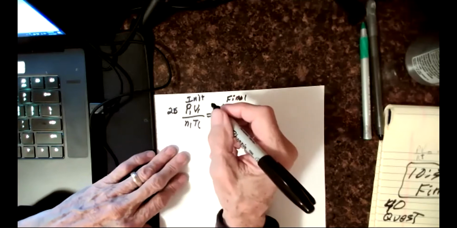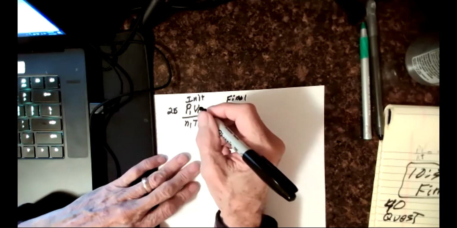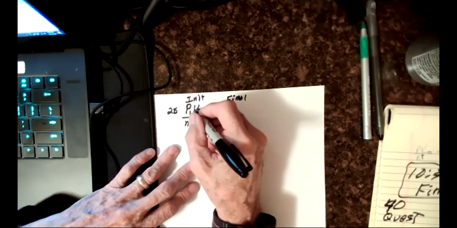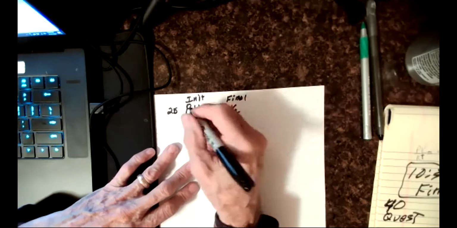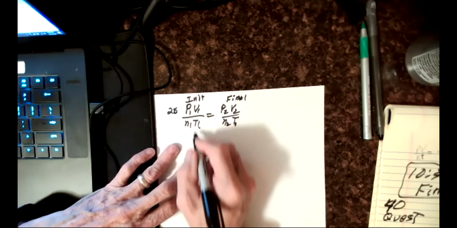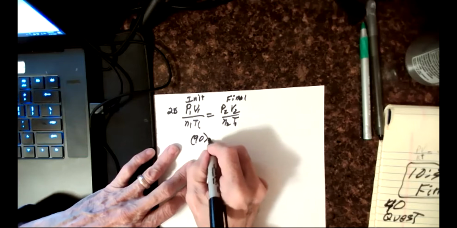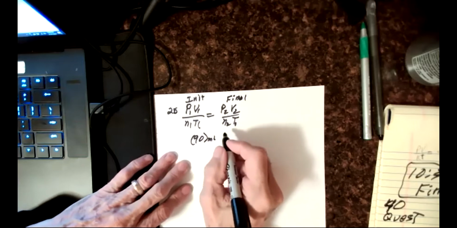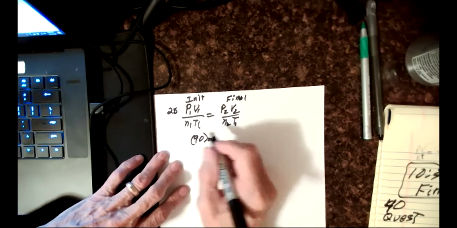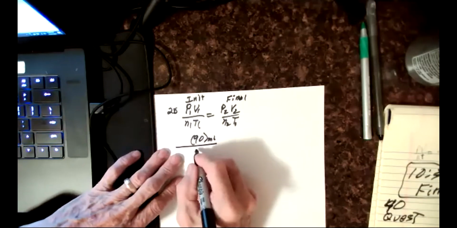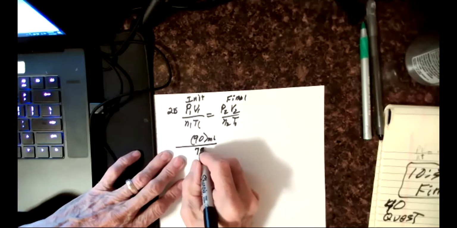Now we had 90 milliliters of oxygen. I don't care what it is really. So let's make volume 1 be 90 milliliters. The temperature is decreased from 750. So the initial temperature over here is 750 kelvins.